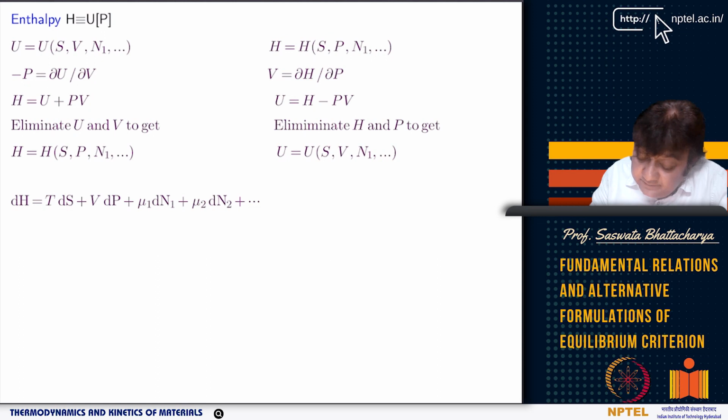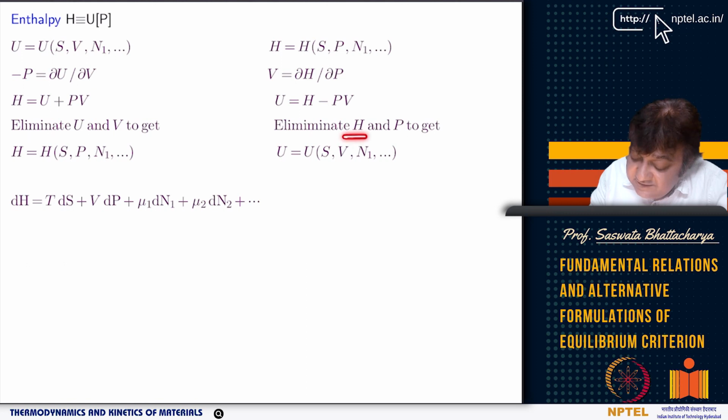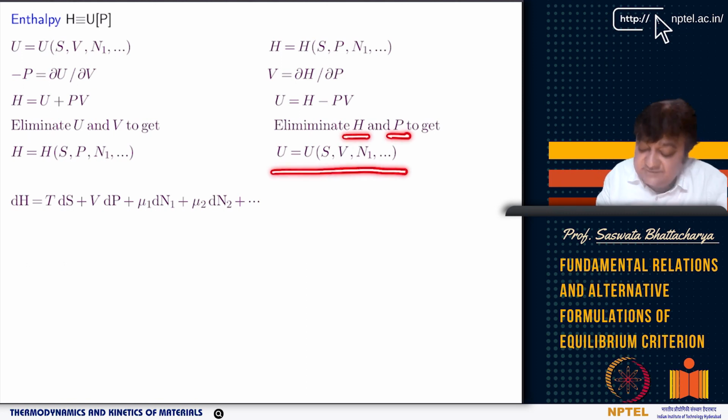Now, the inverse Legendre transform is, you are given h, but you know v, which is nothing but del h del p, right? V is nothing but del h del p, and u is nothing but h minus pv, right? So v is del h del p, u is h minus pv, because h equals u plus pv, and then you eliminate h and p, and you get back u as a function of s.